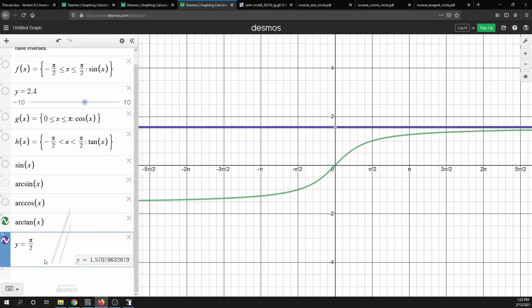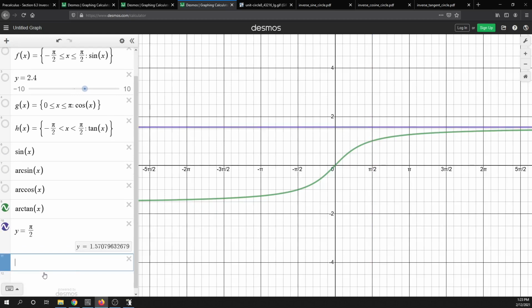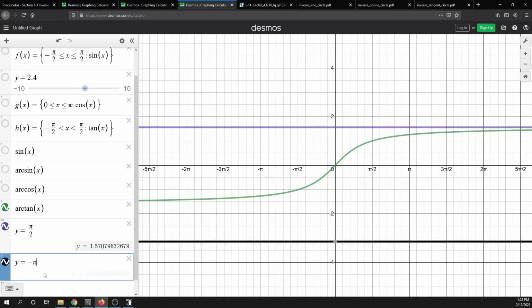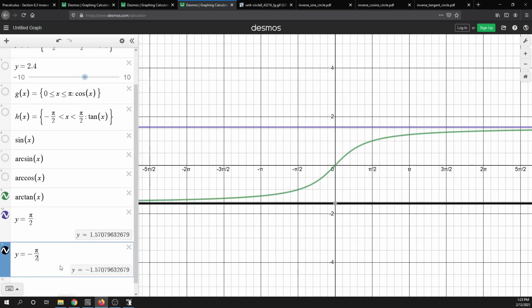So it never gets above this purple line, and it never gets below y equals -pi/2. So tan inverse is trapped in between those two horizontal lines. It never gets higher than this, never gets lower than this.